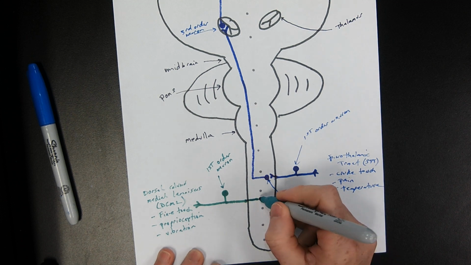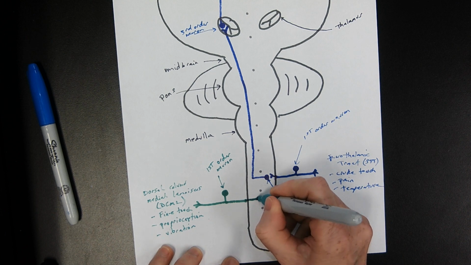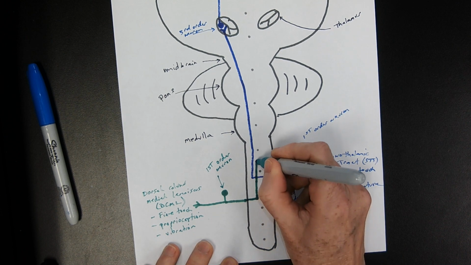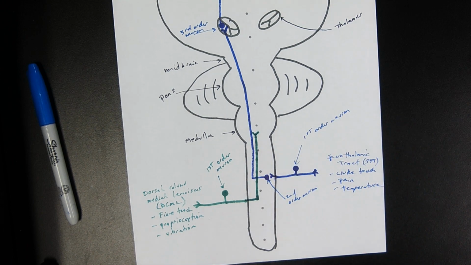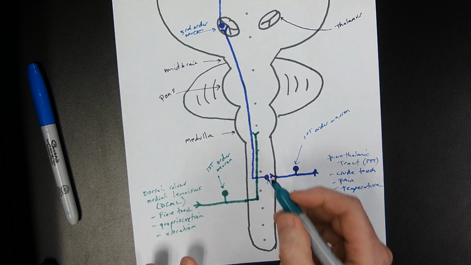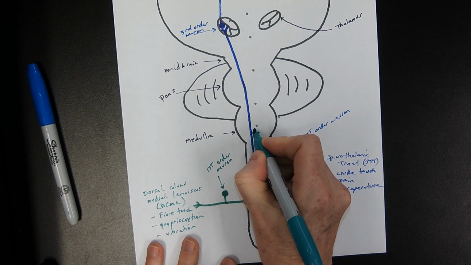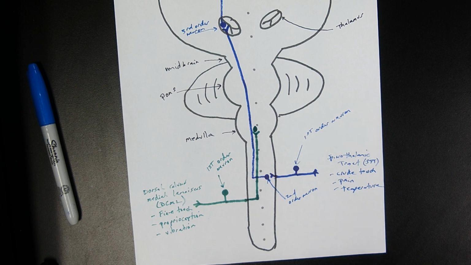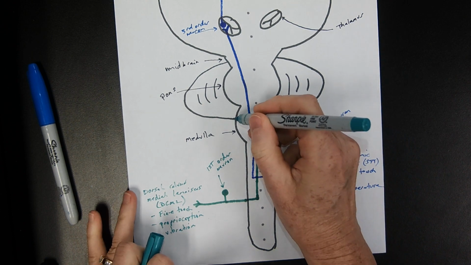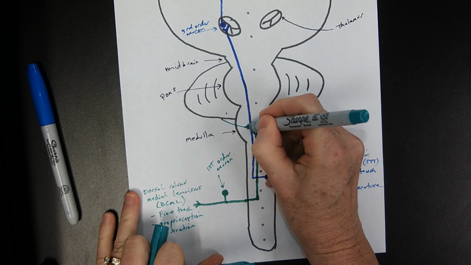And then it goes up to the level of the medulla. At the level of the medulla, it synapses on special nuclei here in the medulla, and these are your second order neurons, second order neuron cell body.